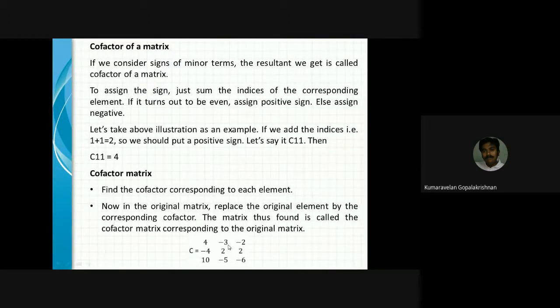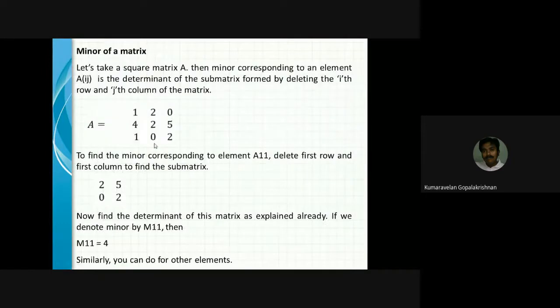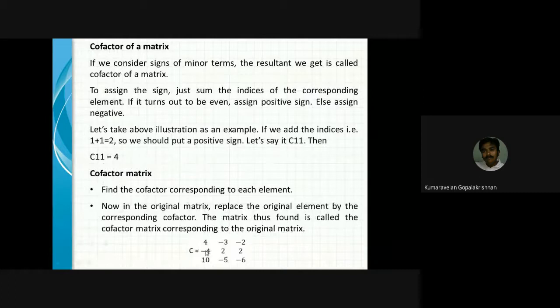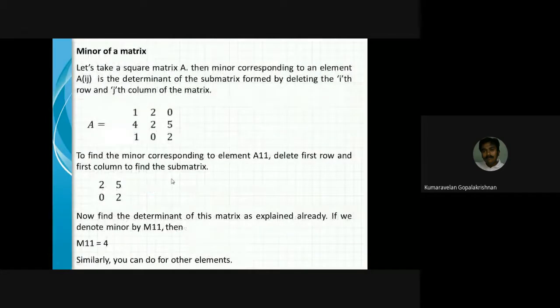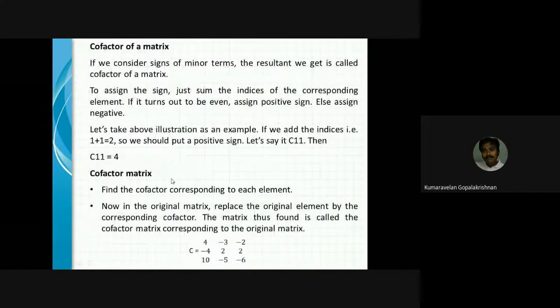In this way, I have to calculate the cofactor of all the elements of the given matrix. So if you want to find the cofactor of a matrix, first calculate the minor terms of all the elements and then change the sign depending upon the sum of the indices.